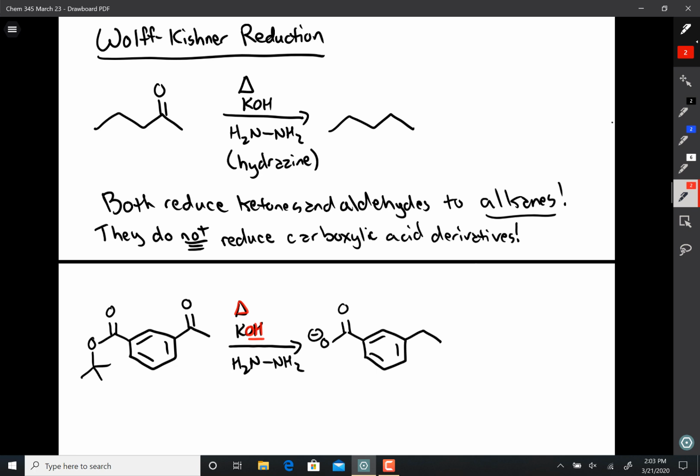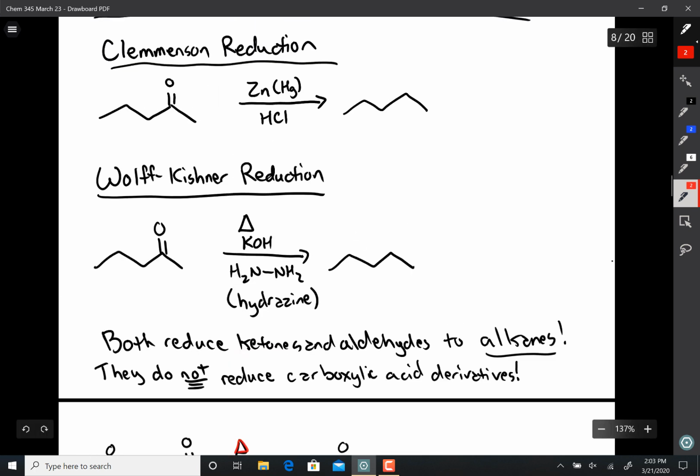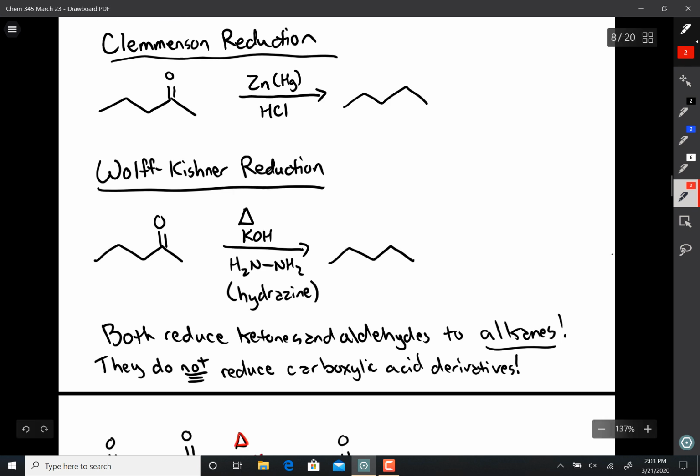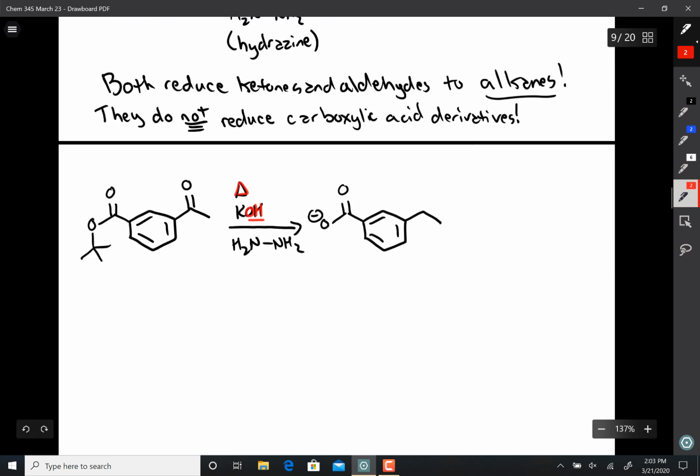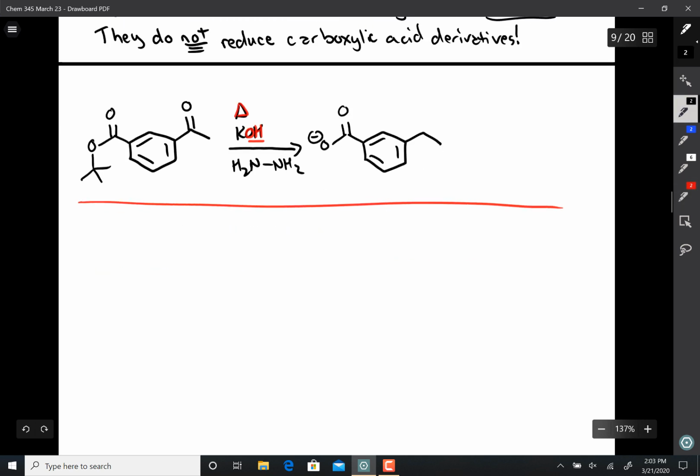So you have to be careful on that. Now we're giving you two conditions because one of these is under strongly acidic conditions. One of them is under strongly basic conditions.